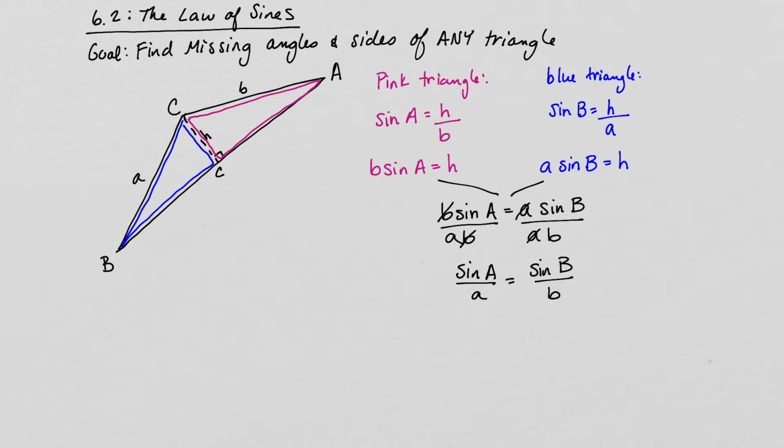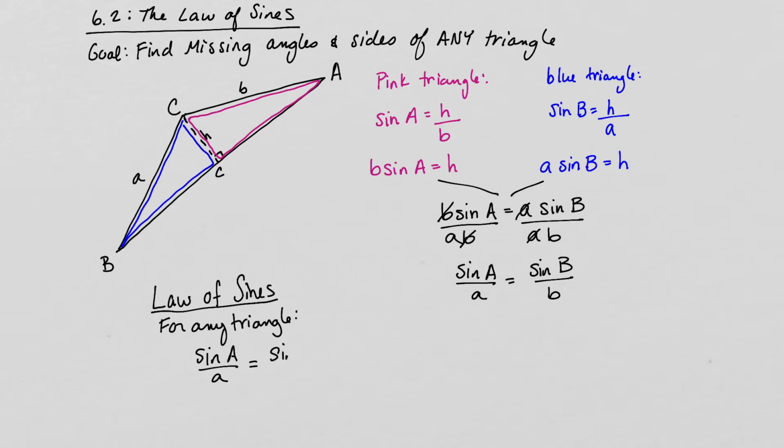What the law of sines says, and this is the part that you need to know. You don't have to know all the other stuff I did here, but you need to know the law of sines. So the law of sines says for any triangle, the sine of capital A over lowercase a equals the sine of capital B over lowercase b equals the sine of capital C over lowercase c.